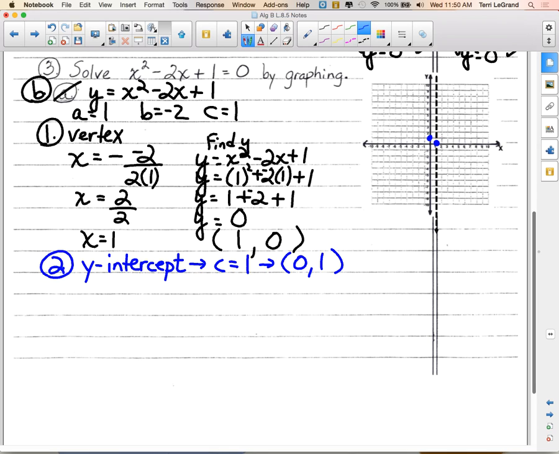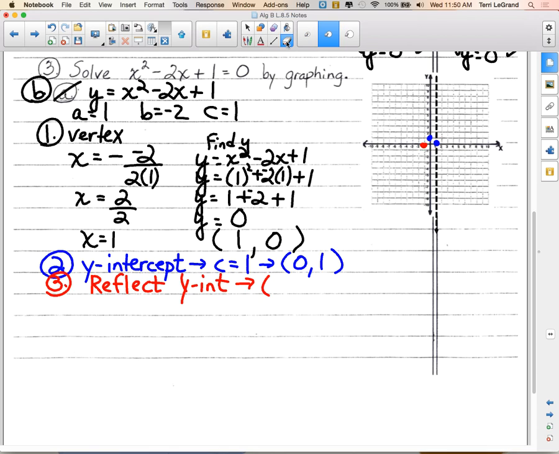And I'm going to do what with it? Reflect it. I should just say reflect the y-intercept. So that becomes right over here, which is 0, which is what? Oh, wait a minute, I just did it wrong.